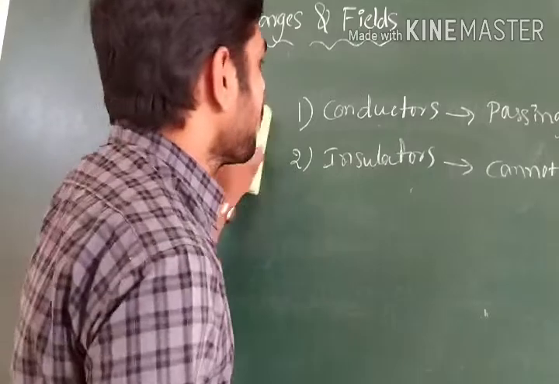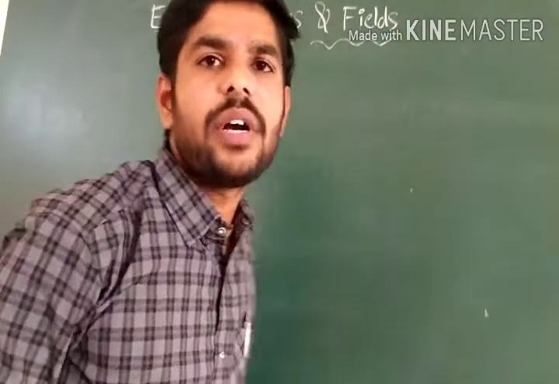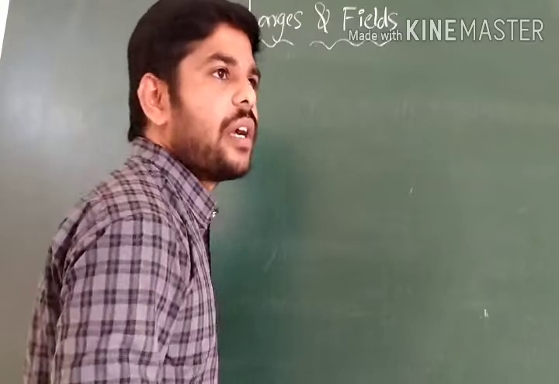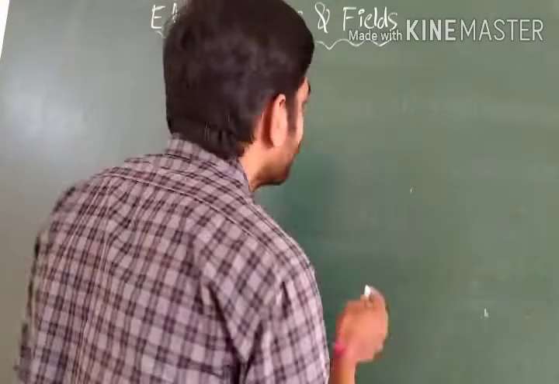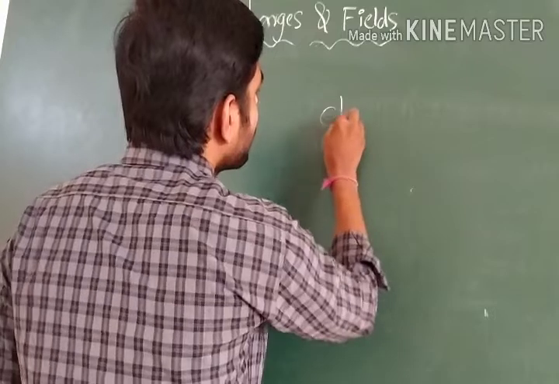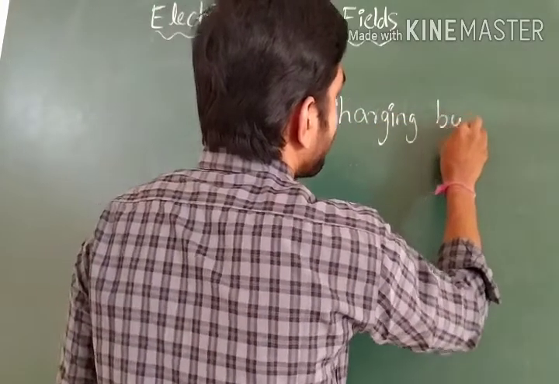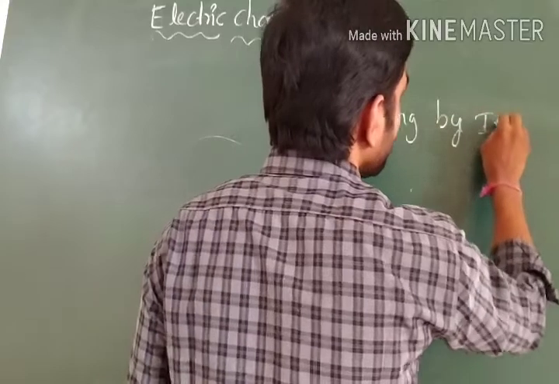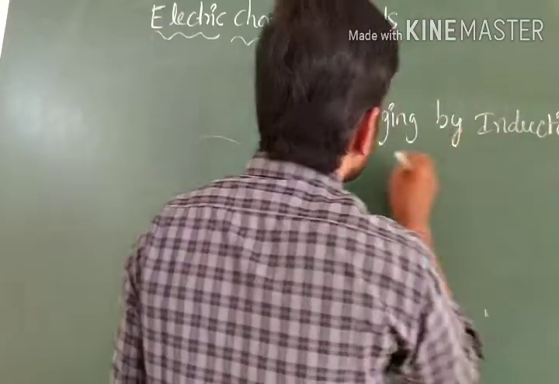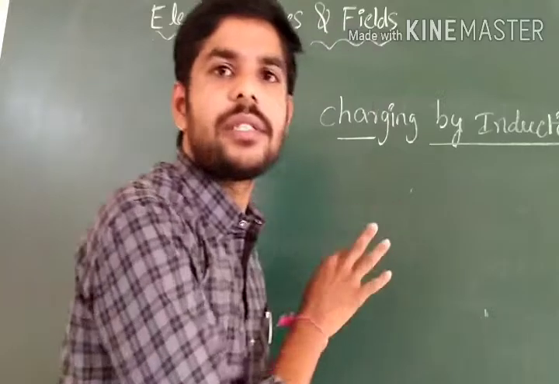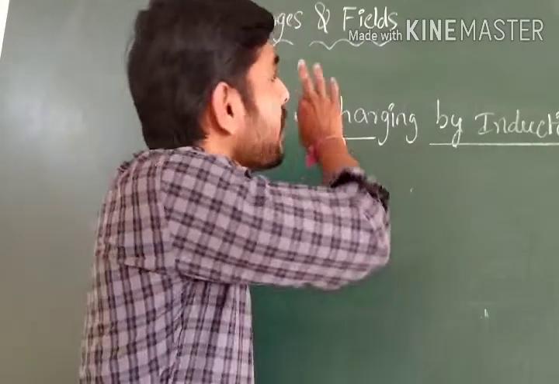Next, by using conductors, if we give electrons to a conductor, what will happen? We'll see the inducing process, charging by induction. These are all basic things; I am telling you only the basics of electrostatics and fields.